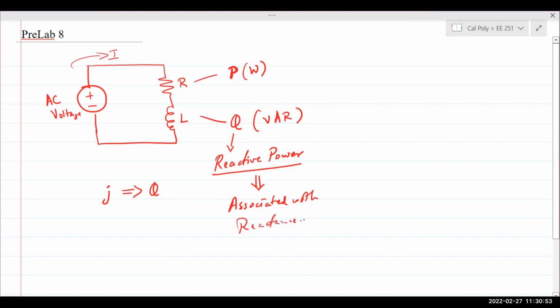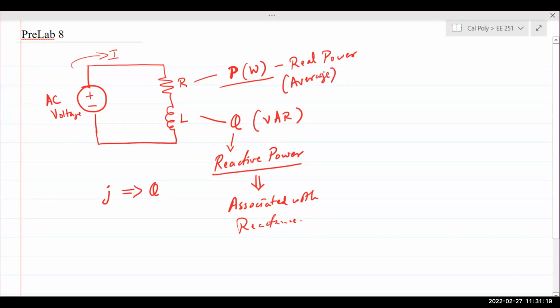The real work of converting the electrical power into useful, let's say, mechanical energy, is done by the real power P, and hence this is also known as real or average power.